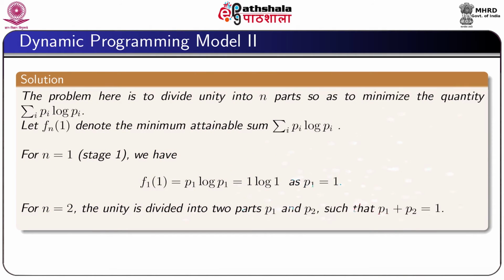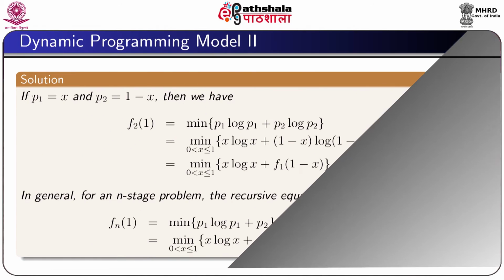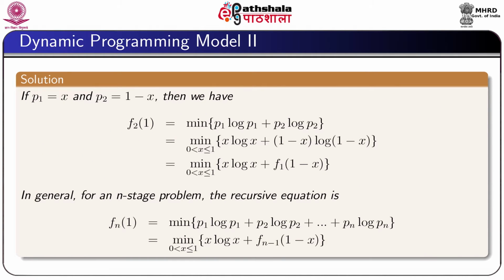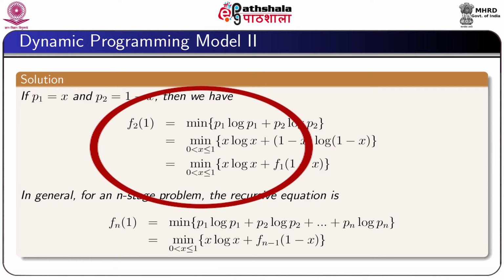Then for n equal to 1, that is in stage 1, we have f1(1) equal to p1 log p1, which is equal to 1 log 1. Now, for n equal to 2, here the unity is to be divided into two parts p1 and p2 such that p1 plus p2 equal to 1. We take p1 equal to x and p2 equal to 1 minus x, then we have f2(1) equal to minimum of p1 log p1 plus p2 log p2.